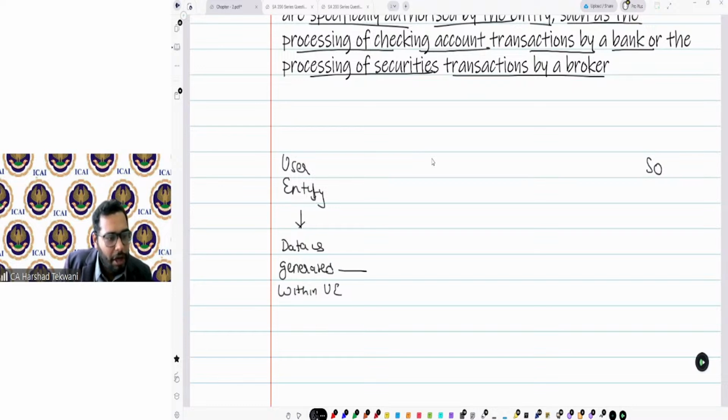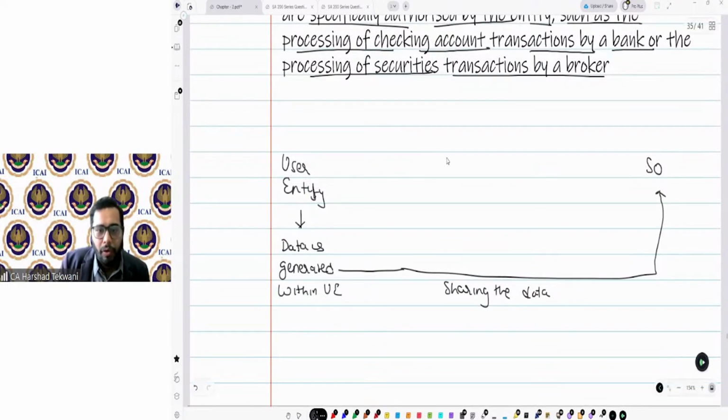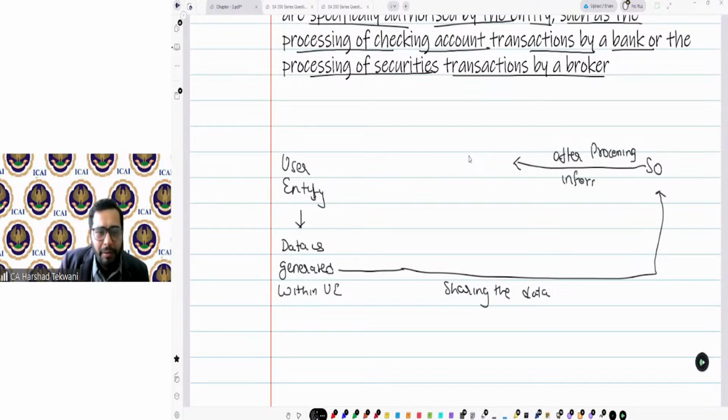The user entity then shares this data to the service organization. SO is performing some processes. Then after performing the process, SO shares back the data after processing.